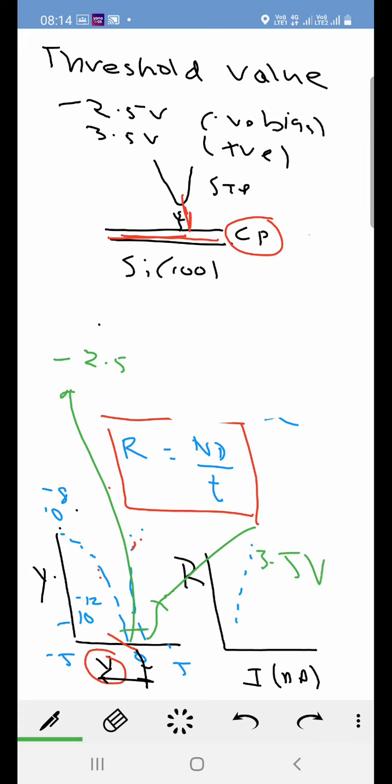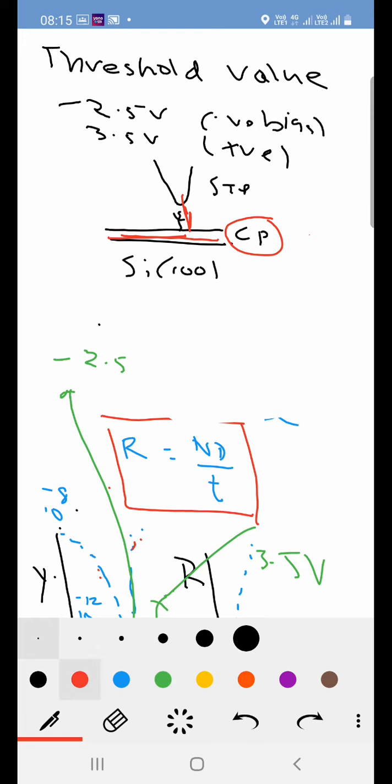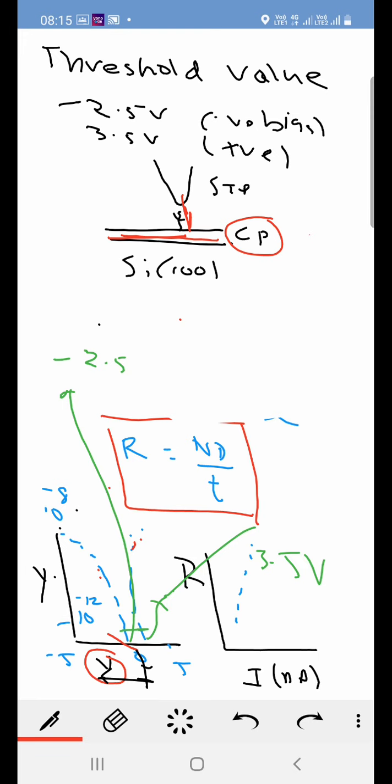There is 1 volt in between, and the lower limit of the desorption yield Y is 3 into 10 to the power minus 12. And the units is events per electrons.